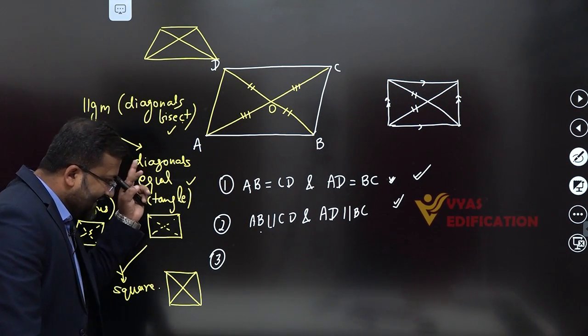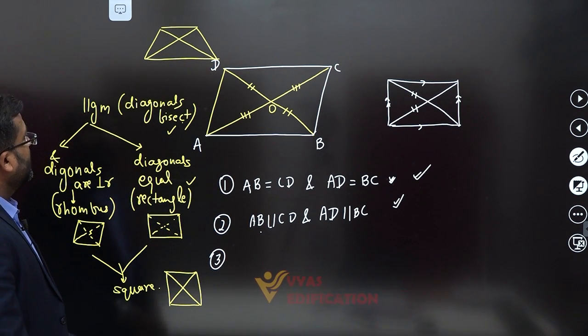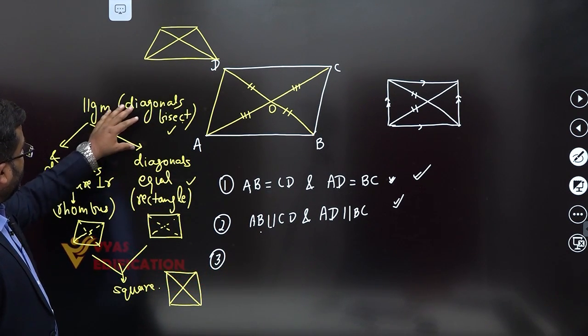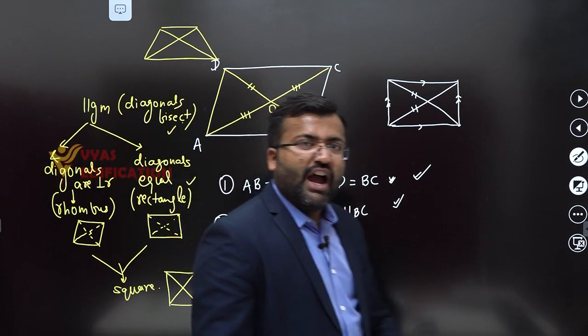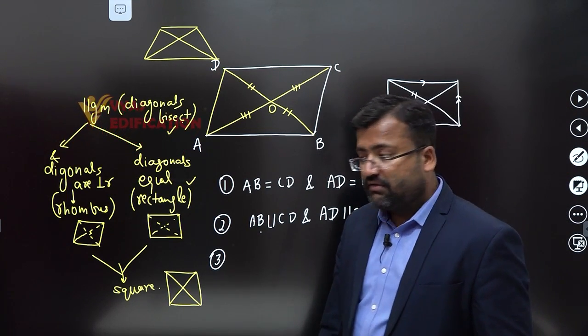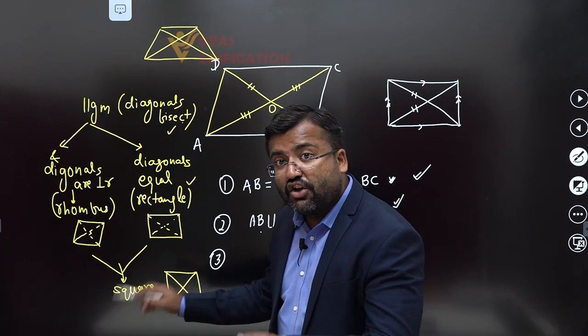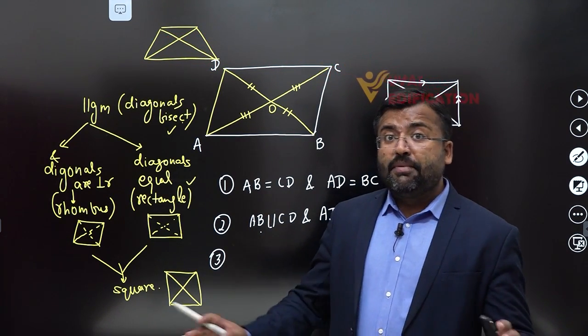So diagonals bisect, equal and perpendicular implies the given figure will be a square. From here to this place, if you add the remaining condition, you will get a square. There's another idea of proving a square. What's that? The four sides are equal. Okay, that will be rhombus. But if the diagonals are also equal, that will also make it a square.